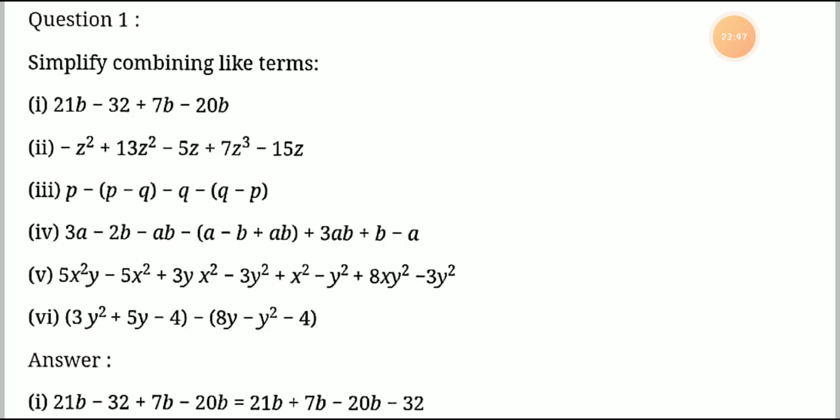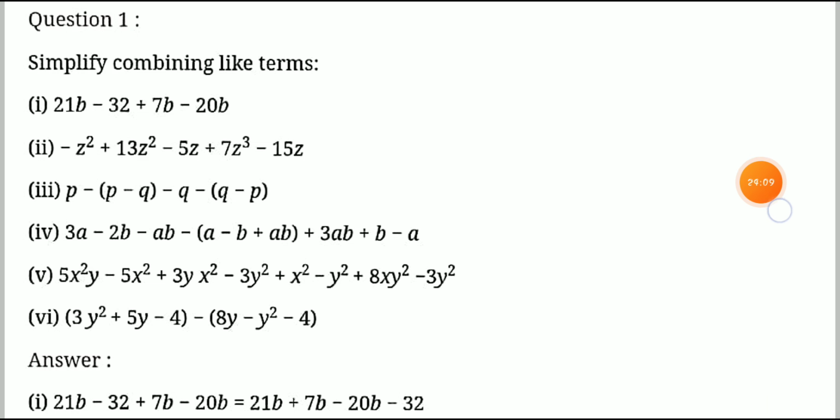Now after finding the like terms or arranging the like terms, I am going to show you how to solve them, or you can say simplify. This is the question of the next exercise, which is 12.2. Simplify combining like terms.